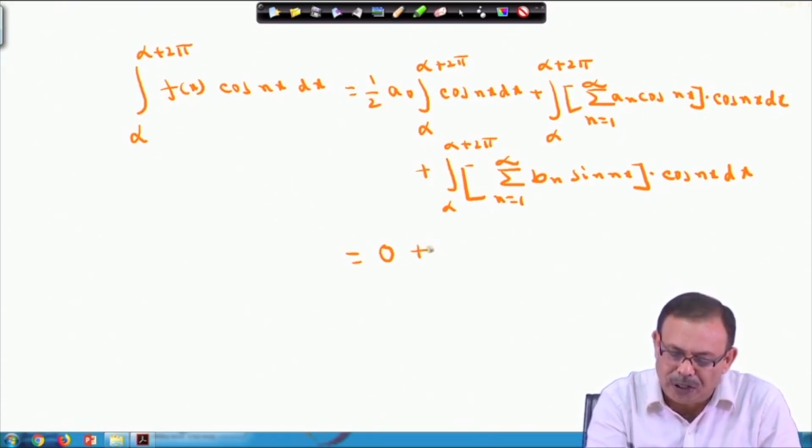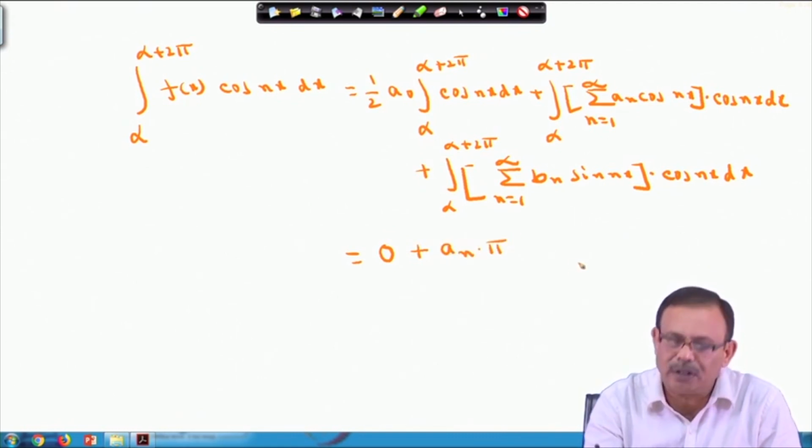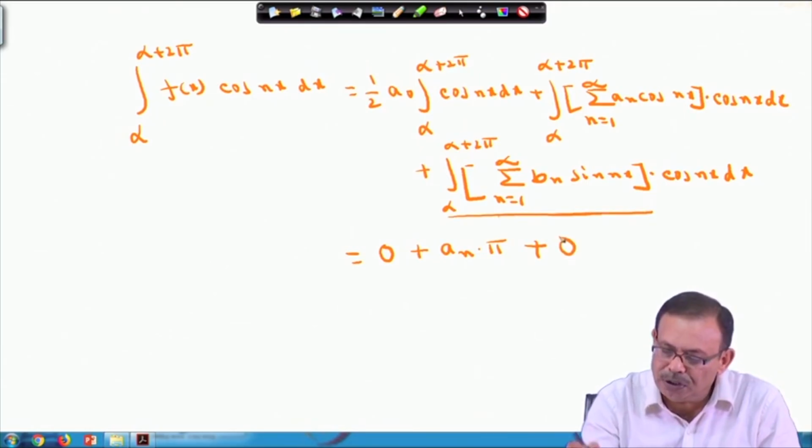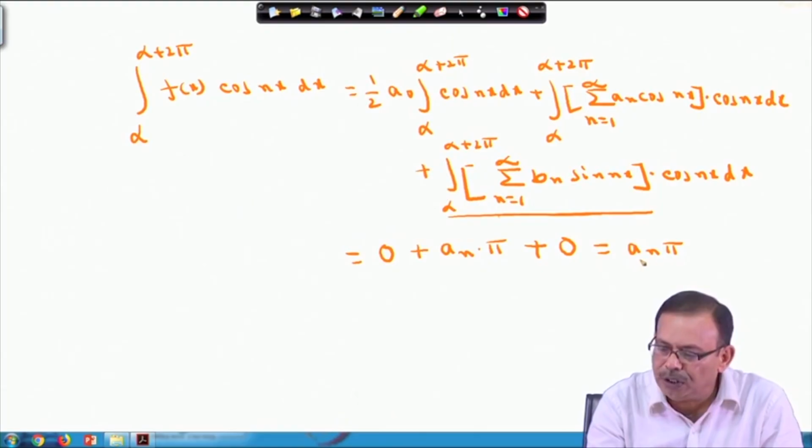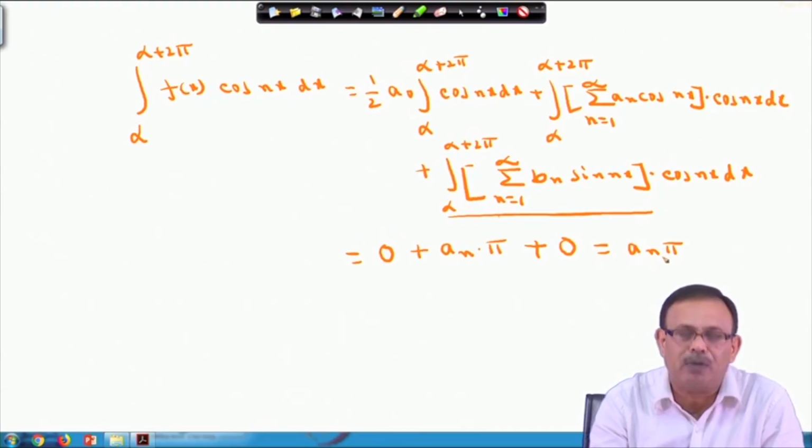So, only one term you will get, that is a_n into pi, and the value of the last integral is also 0. So, ultimately you are getting the value as a_n into pi. So, using your 1, 2, 3, 4, 5, 6, all these definite integrals that I told just now, you will obtain a_n pi.